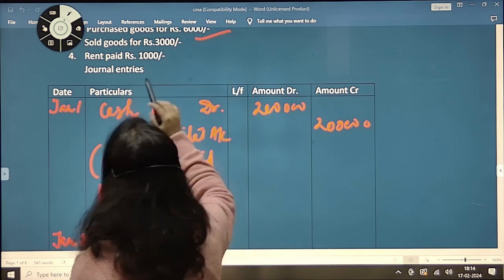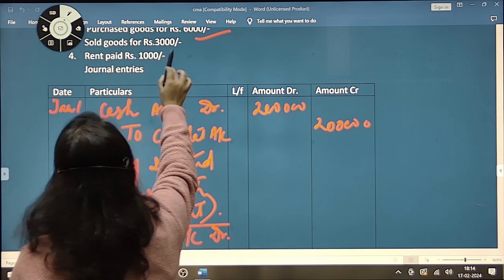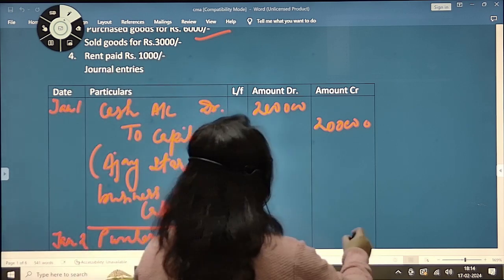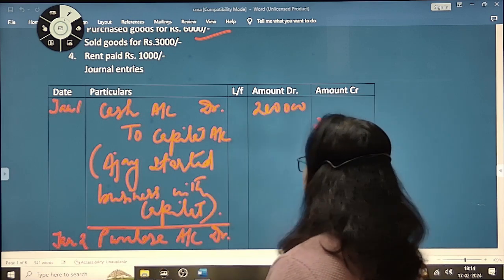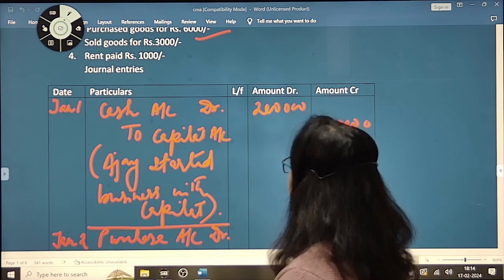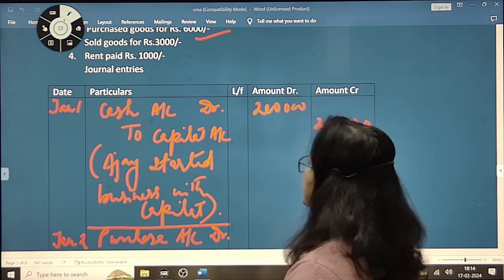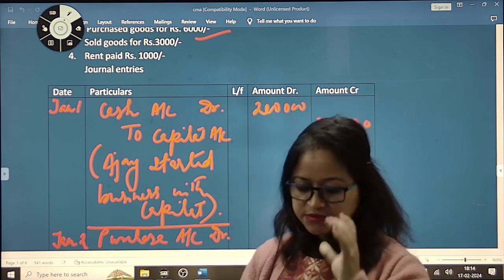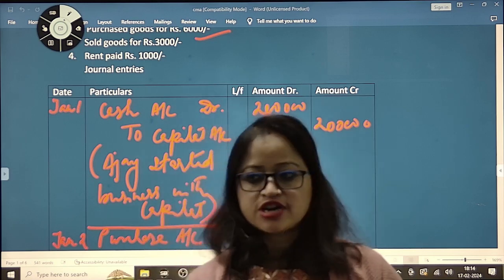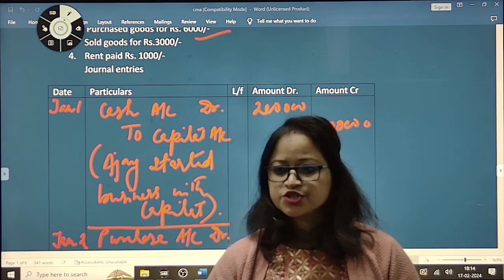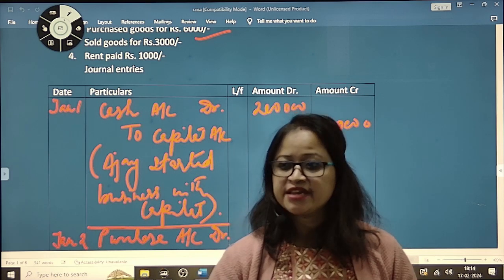Now the next one is sold goods for rupees 3,000. You can write in January 3, in the same format. That is cash account debit, because whenever the business firm, Ajay, is selling goods, goods are going out, and cash is coming in.